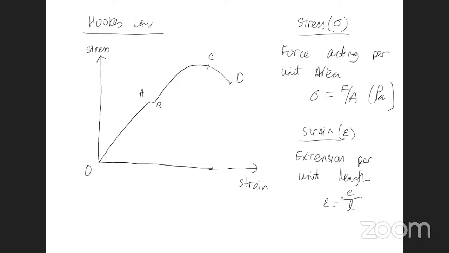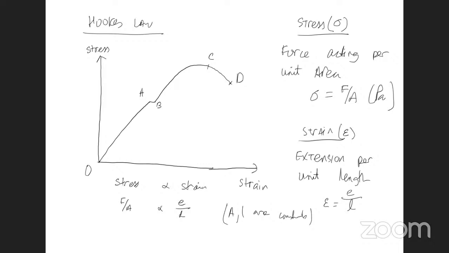What is the cool relationship here? We said stress is proportional to strain. We know stress is force over area, and strain is extension over length. But remember, A and L are constants. A is the cross-sectional area, that won't change.